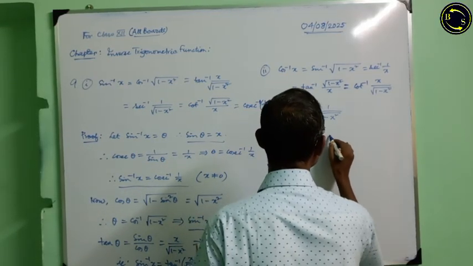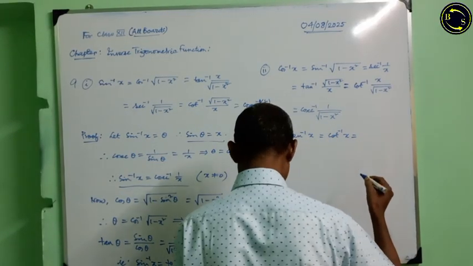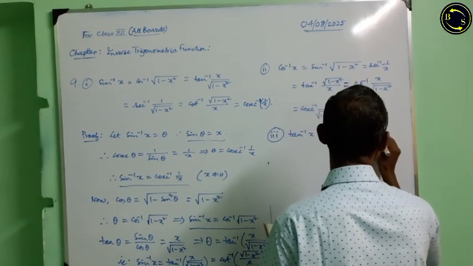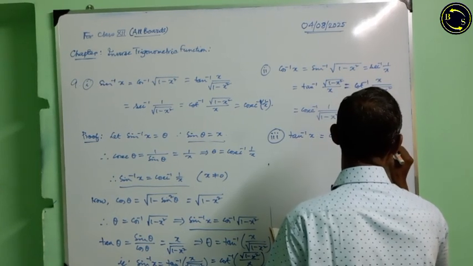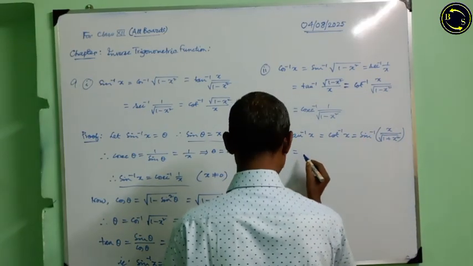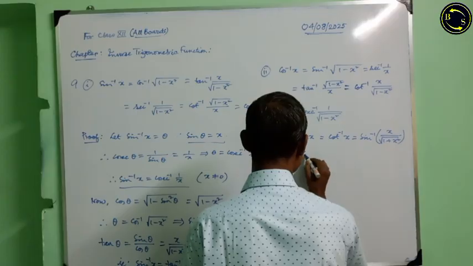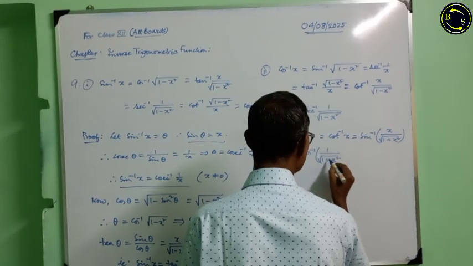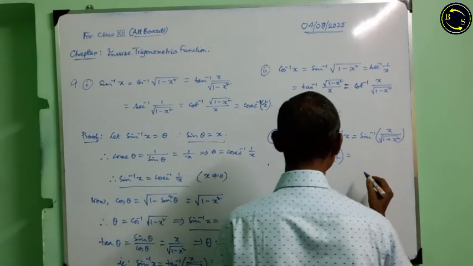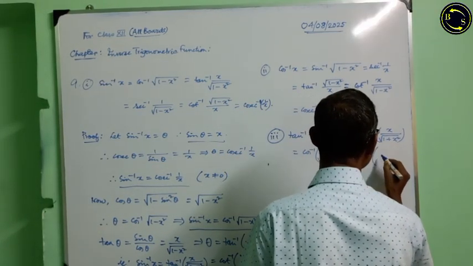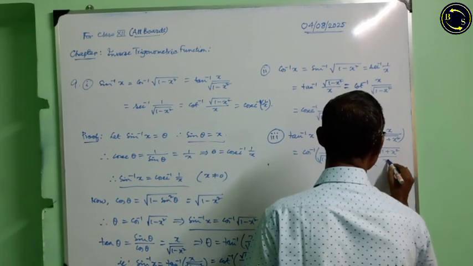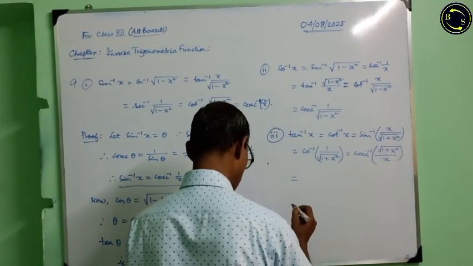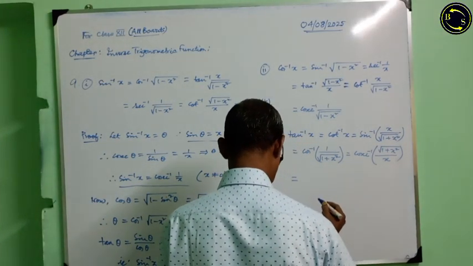Tan inverse x equal to cot inverse x equal to sin inverse x by under square root symbol 1 plus x square, that will be equal to cos inverse 1 by root over 1 plus x square, that will be equal to cosec inverse, then sec inverse.